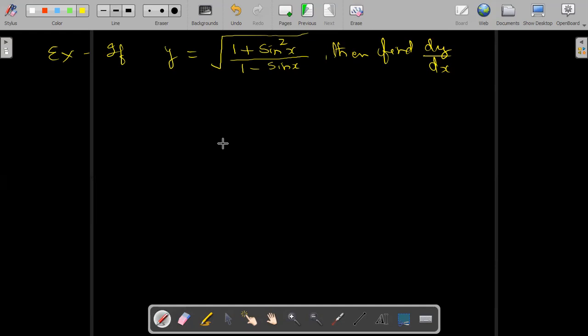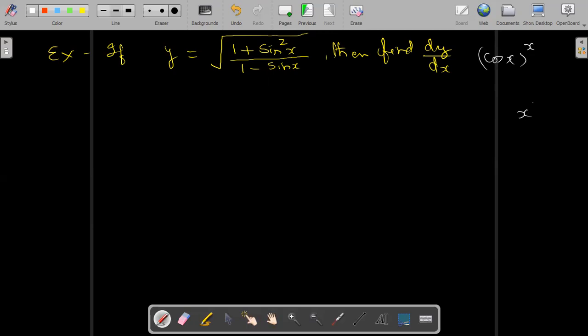So what we will do is take log, because this is the power of something. When it is the power of something, or 2 powers, 3 powers, we should use the log. If you are given, suppose, cos x to the power x, you cannot use any direct chain rule formula, because there is no formula for a function to the power of a function.